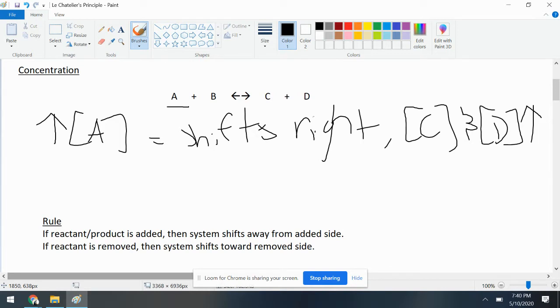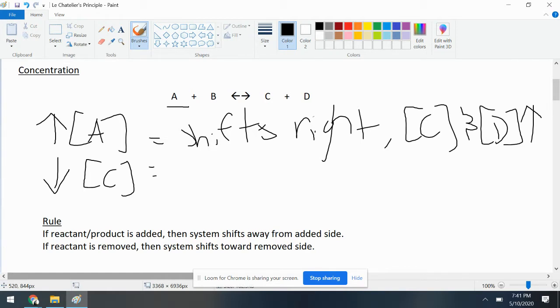Okay, so what if we take away C? Again, a different scenario. Let's say the reaction has reached equilibrium. Now you decide to decrease the concentration of C. What's going to happen? Notice there's a stress coming from the right side this time because we're taking away C. Again, the system has to shift in a way to make sure it goes back to equilibrium.